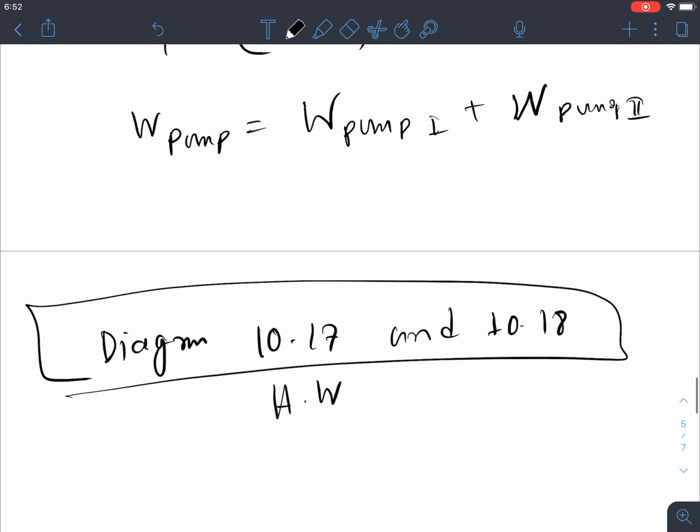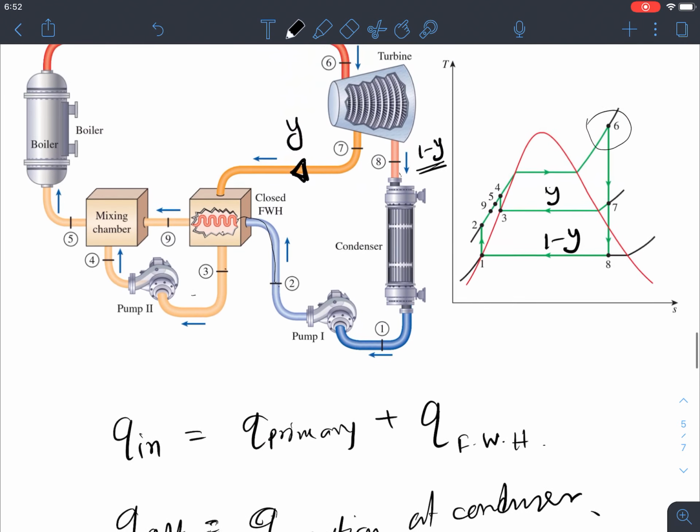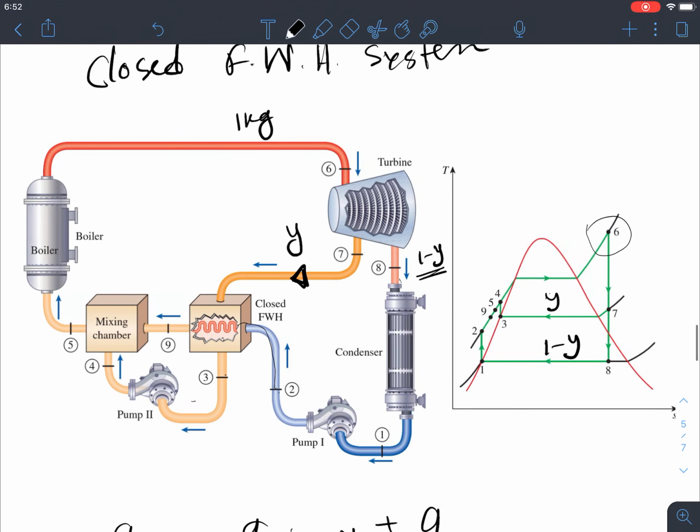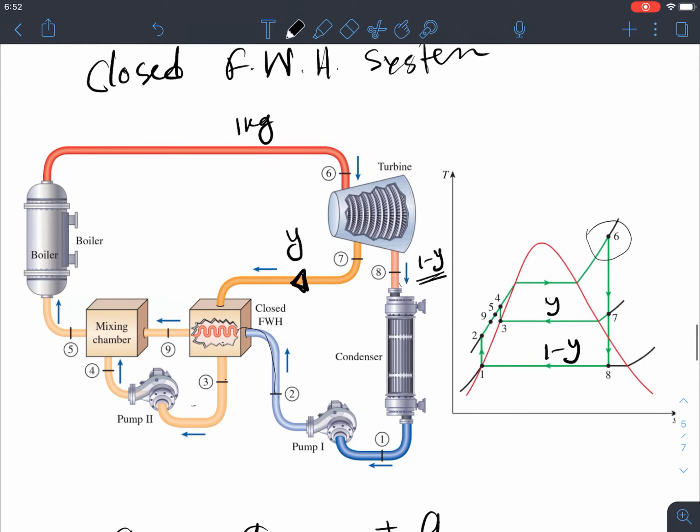So I would like to ask you, for homework, for 10.17 and 10.18, to take a look or practice yourself how to draw the TS diagram for this type of modified Rankine cycle, either reheating or regeneration, and then draw the TS diagram and try to analyze the cycle. So that's all about today's class.